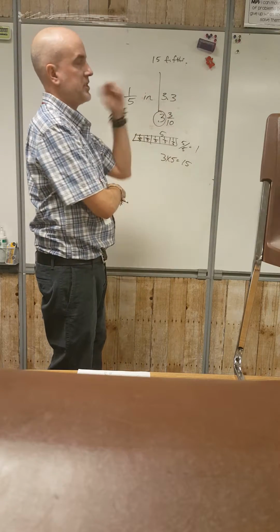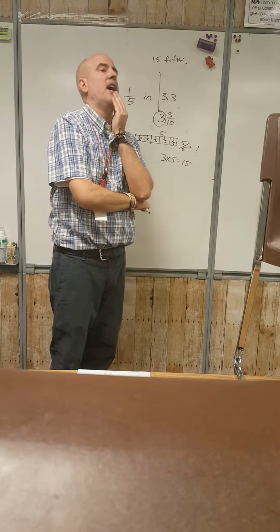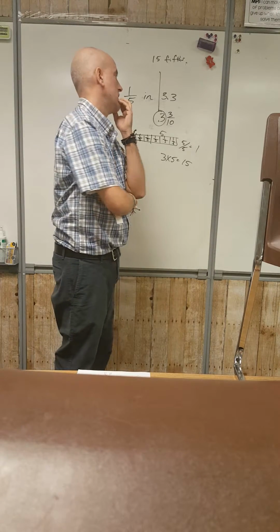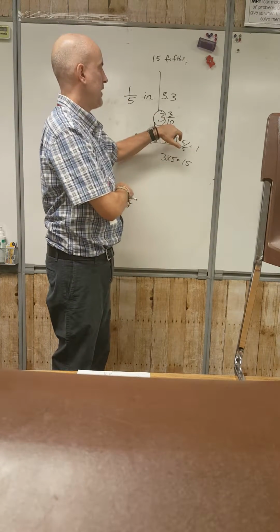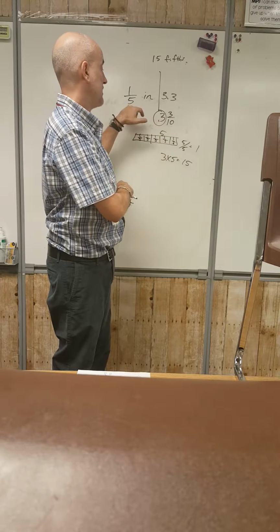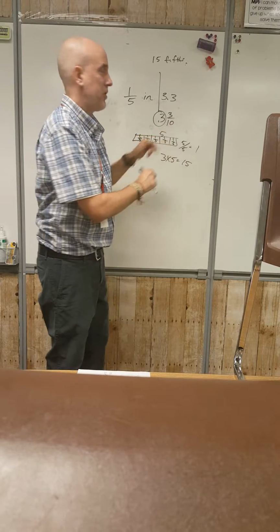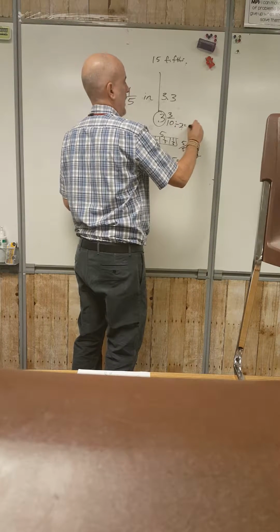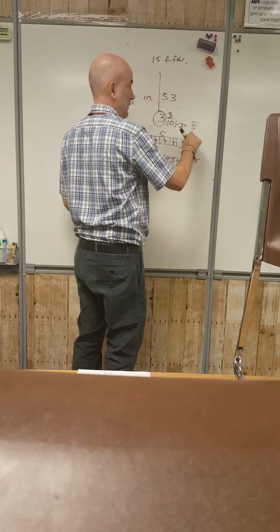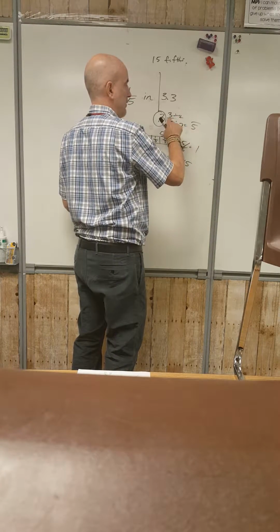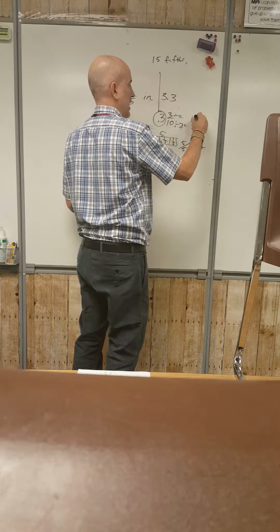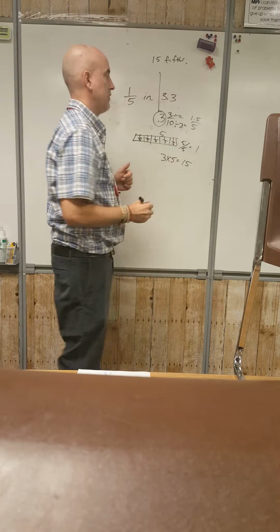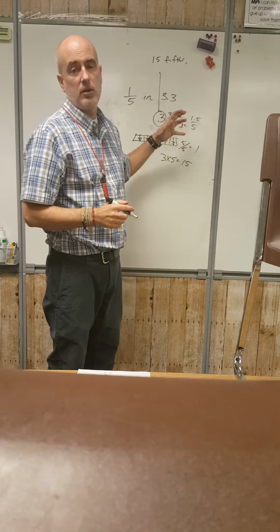But then I have this 3/10 left over, and I want to figure out how many fifths are in that. If I could make this into fifths, that would be easy. If I divided the bottom in half, that would equal 5, that would be fifths. And if I divided the top in half, 3 divided by 2, that would be 1.5. Now that's technically not a real fraction.